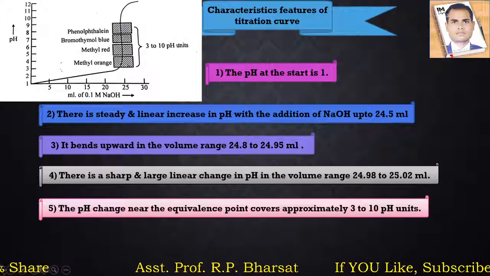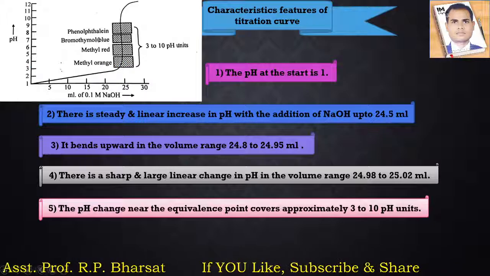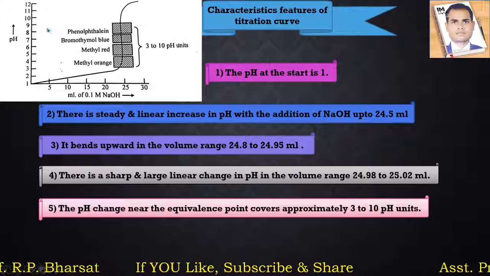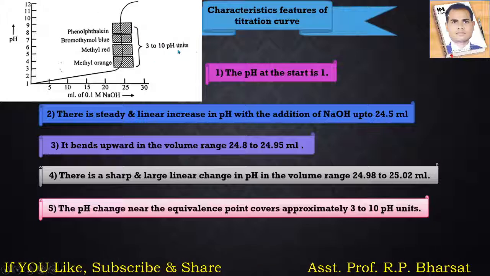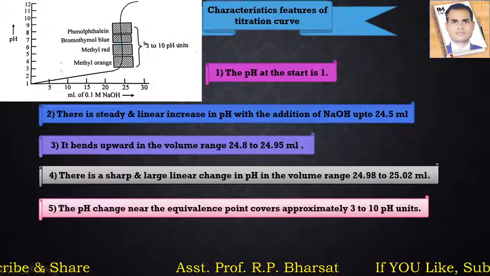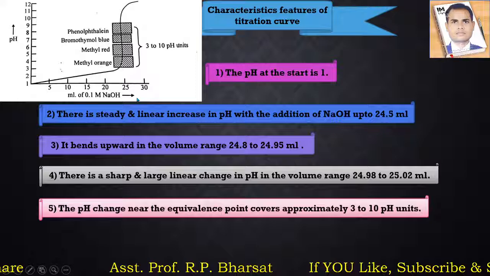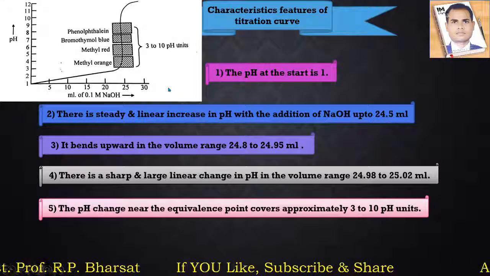You can see here from this indicator to this indicator, this is the transition range between 3 to 10 pH units, and the equivalence point is approximately within this pH transition range.